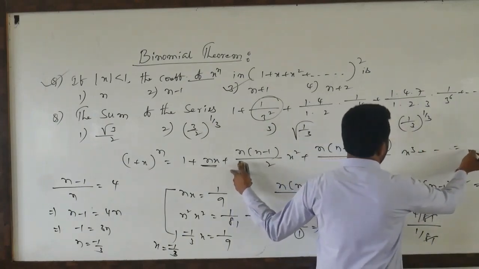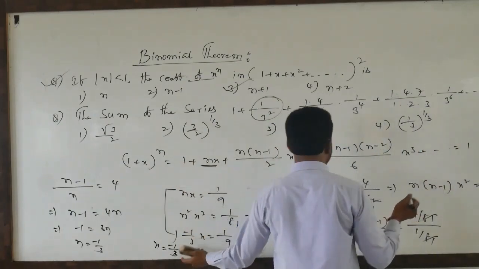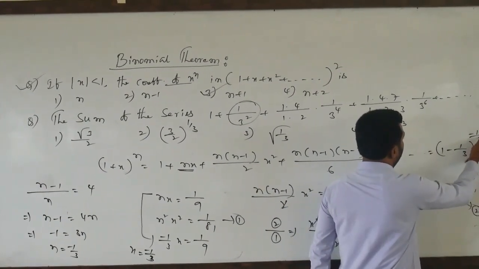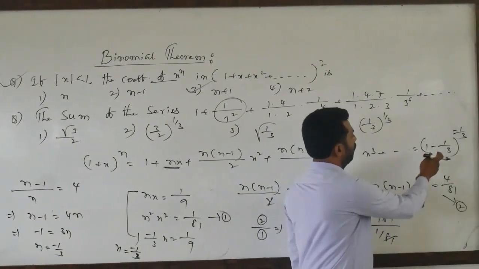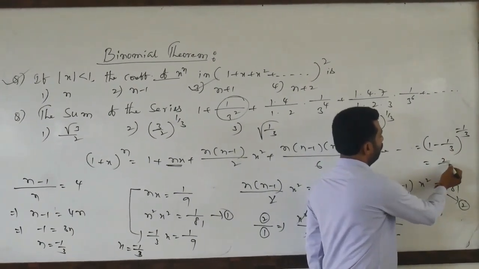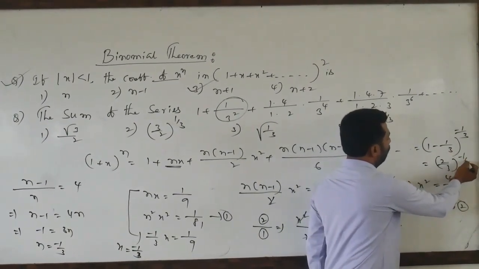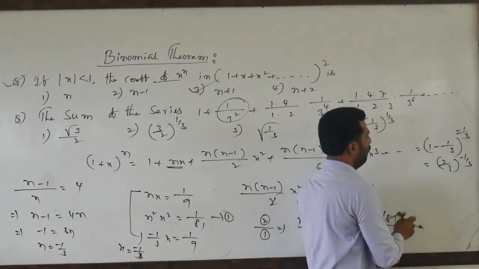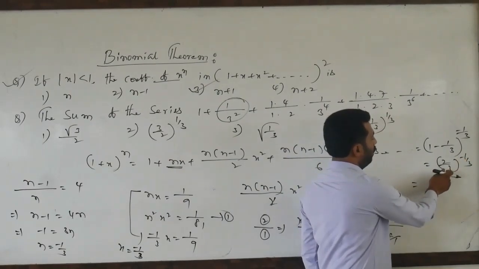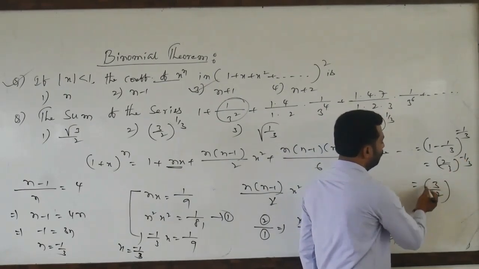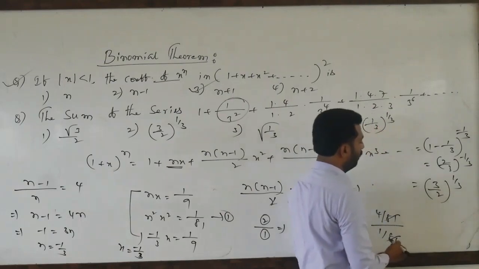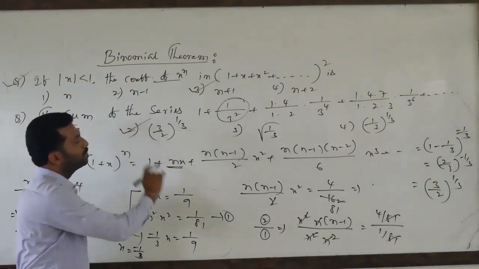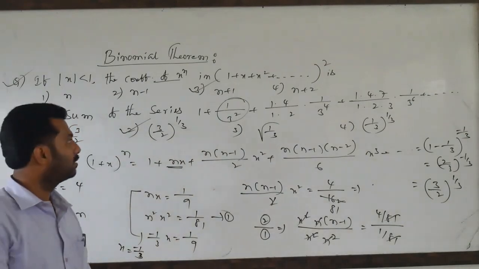That is 1 plus x value, minus 1 by 3, whole power n value, minus 1 by 3. This is nothing but (2 by 3) whole power minus 1 by 3. Again you can write, if you want to remove the negative, (3 by 2) whole power 1 by 3. (3 by 2) whole power 1 by 3 means which option? The second one is the answer. Okay.